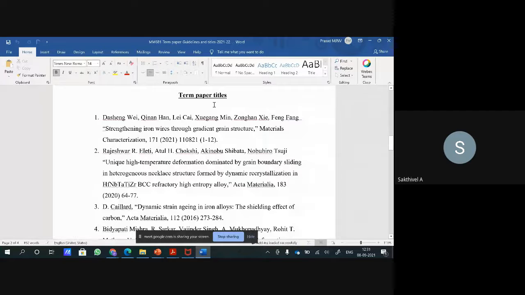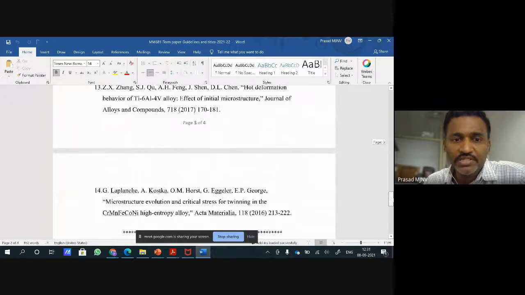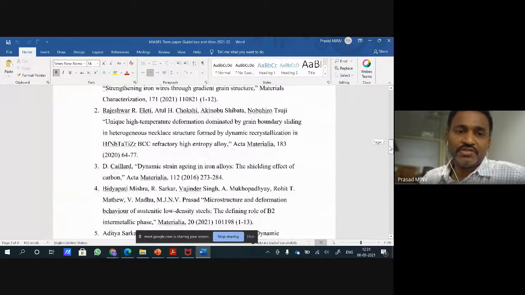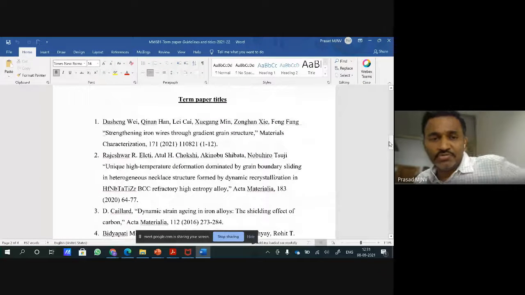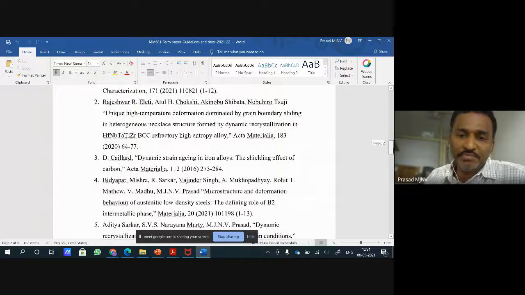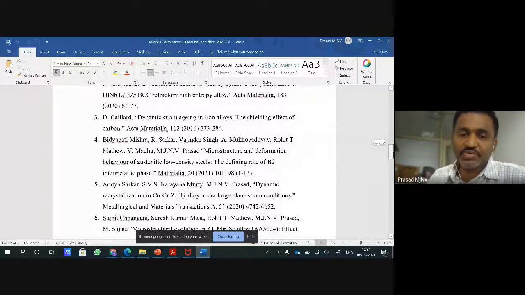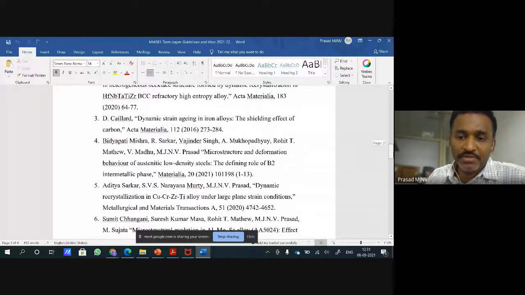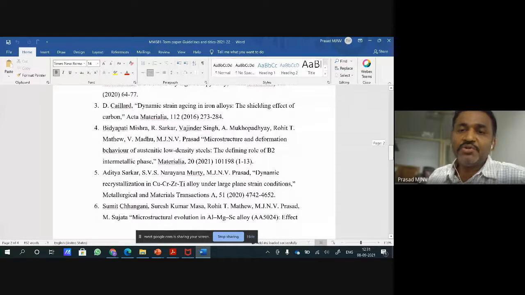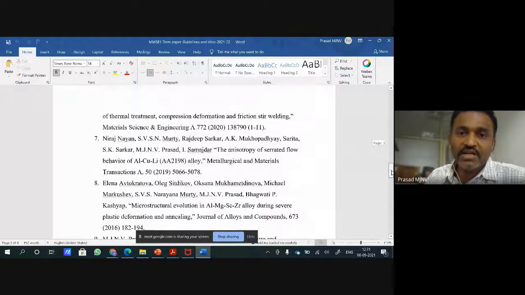Here I have listed topics 1 to 14, the paper titles. I'll upload these to the assignment folder created for the term paper. Pick the paper corresponding to your number and read it. Some of my papers, relevant to this course, are also there. This time I have given my published papers related to plastic deformation and microstructure evolution. So these 14 papers are given.